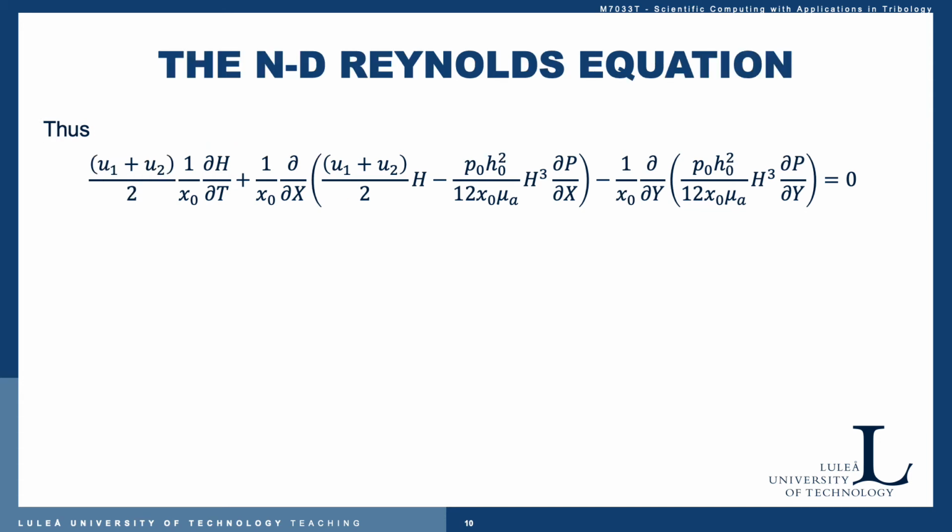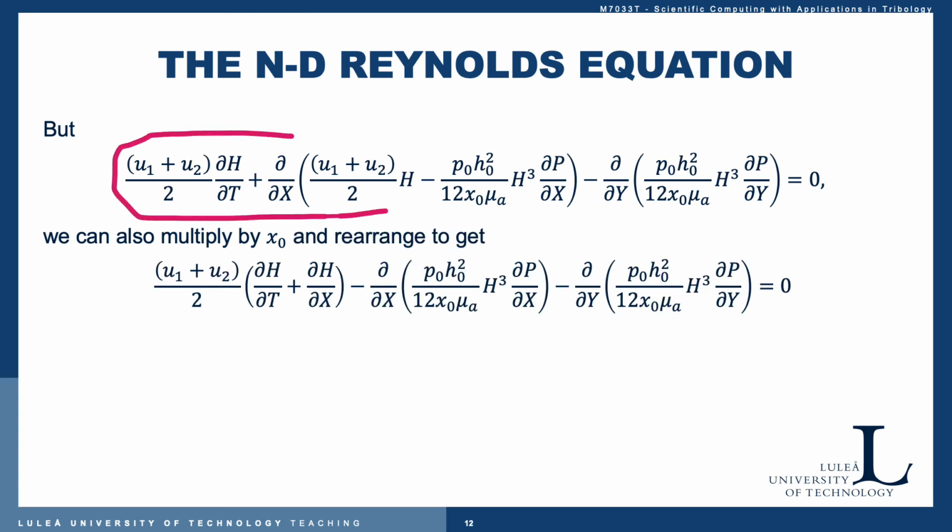Therefore, we can restate the dimensionless form of the equation in this way, and we observe that we can multiply by x0 everywhere, and we can rearrange the terms to get an even more simplified form of the equation.